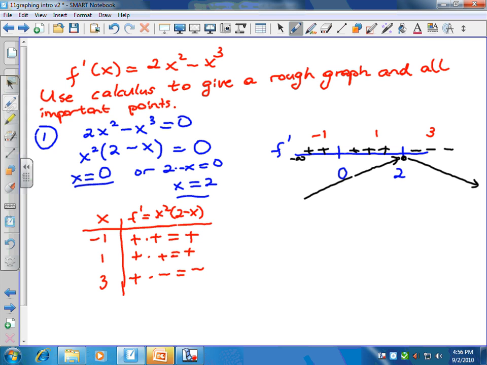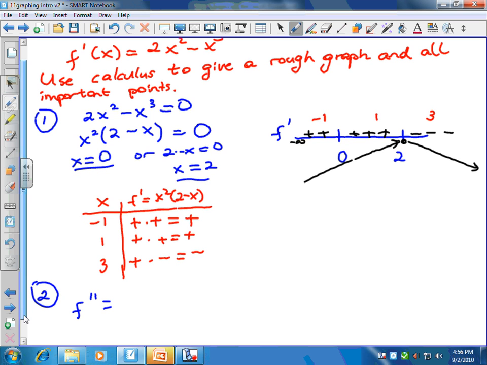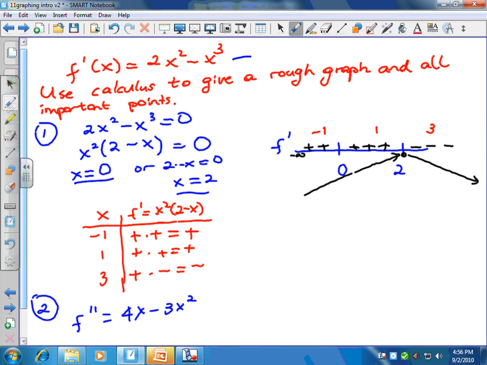Okay, let's get information from the second derivative. So for that, we're going to need to find f double prime. Remember, given function was f prime, so you want its derivative. So I took it out from the step, and I differentiated it to get this.